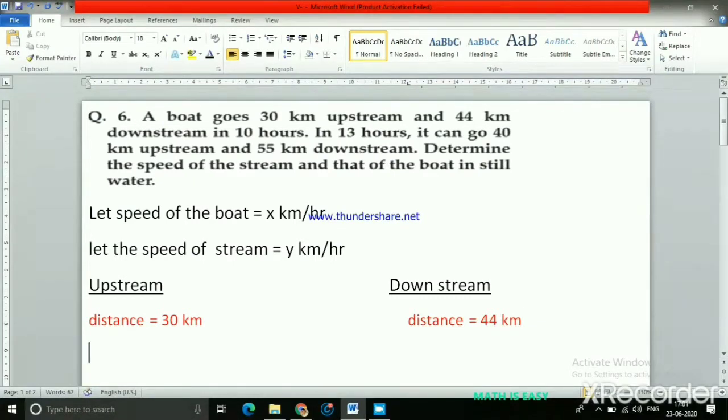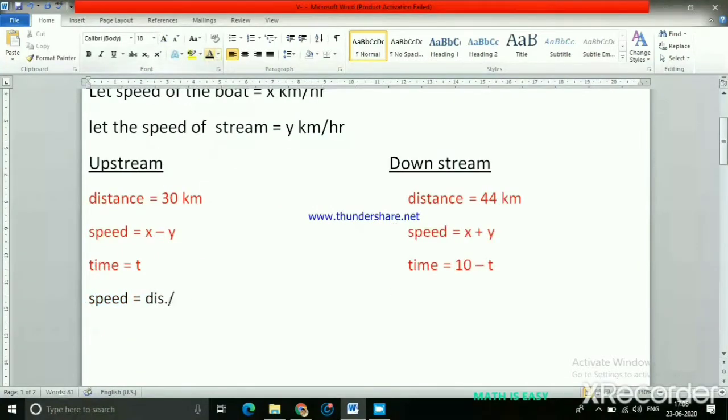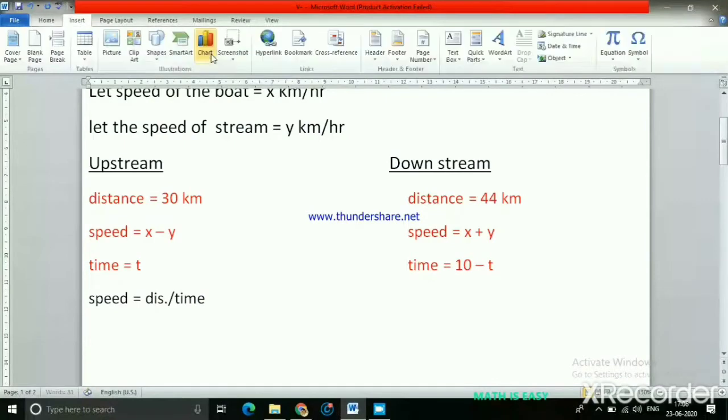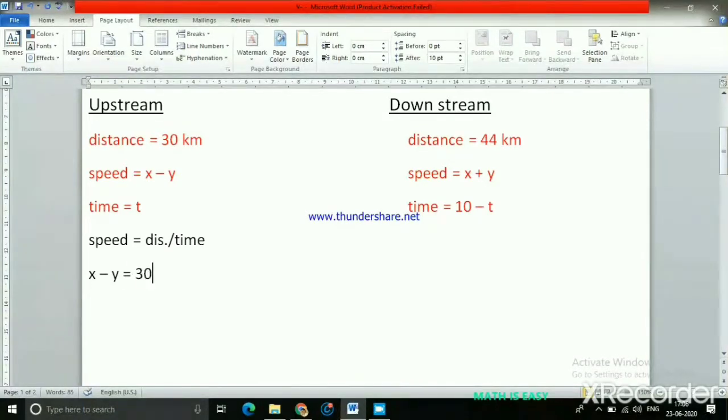Now speed is distance upon time. Let me apply this formula in both cases and see what we get. Speed, which is x minus y, equals distance 30 upon time t.